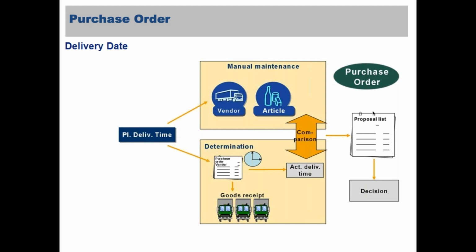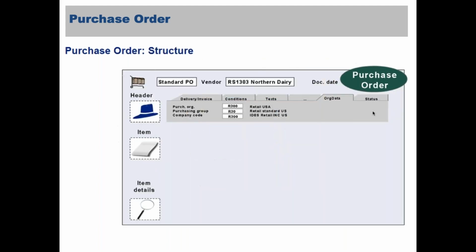Okay, in either of those three, it will take precedence. I mean, first it will take precedence from the info record, then from the vendor record, then finally from the article master record. Okay. So that's how it will take precedence and the delivery time will be proposed.